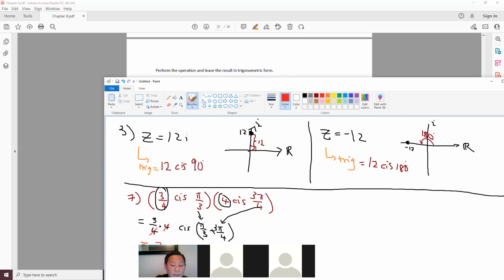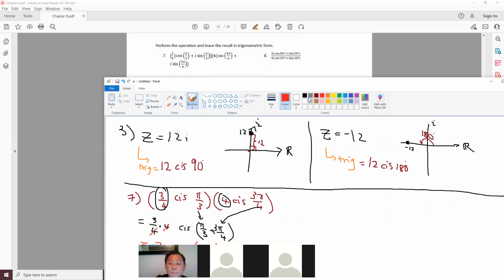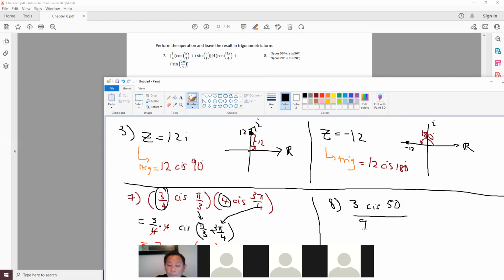And then what is pi over 3 plus 3 pi over 4? This will be 4 plus 9, 13 pi over 12, right? And that's your answer.